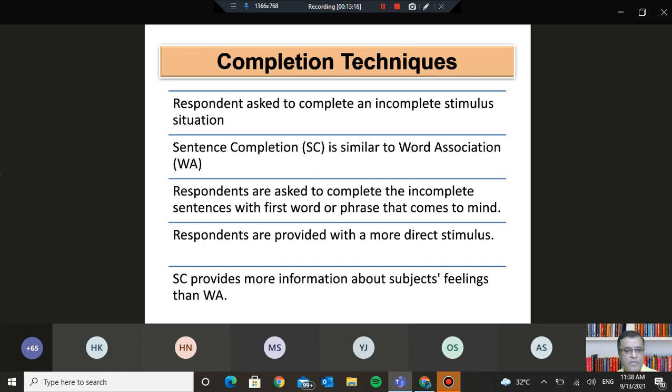It is very obvious, because in the case of word association, only a single word is provided as a response by the subjects, whereas in this case, you are giving the liberty to the respondents to complete a sentence, and the person can complete it using a word or maybe a phrase. Of course, more insights can be gained if more words are being used by the subjects in a particular stimulus situation.